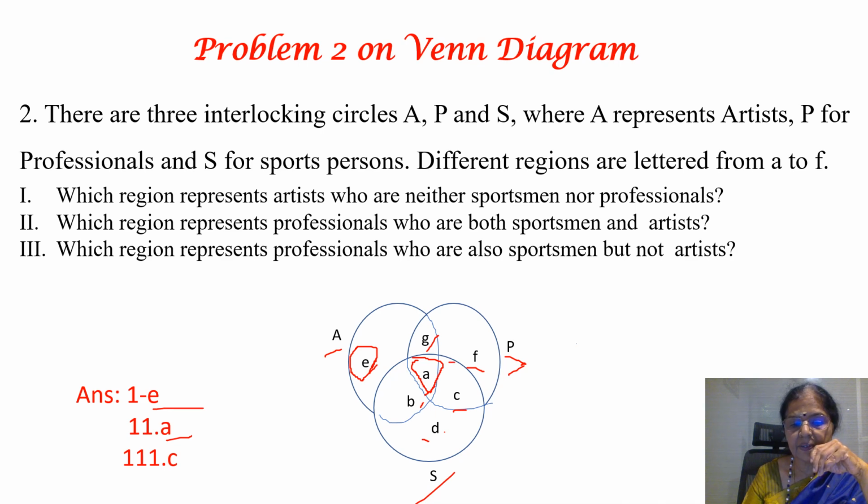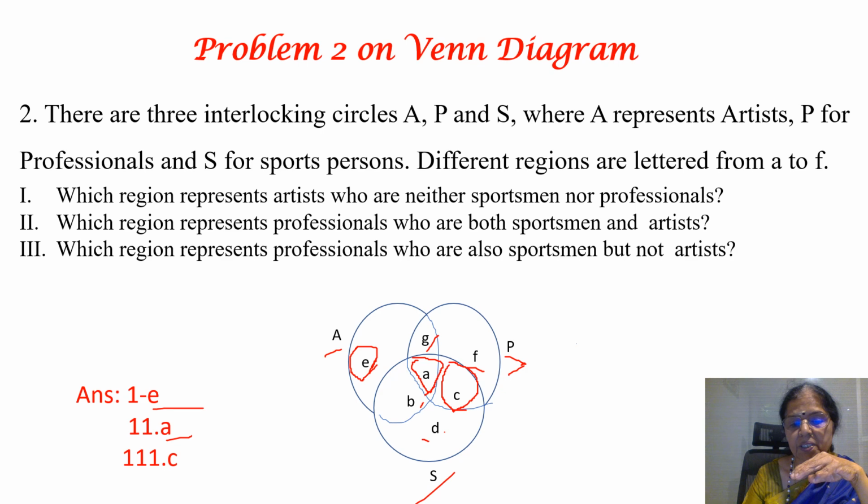So this region, C region, represents professionals who are sportsmen but not artists.